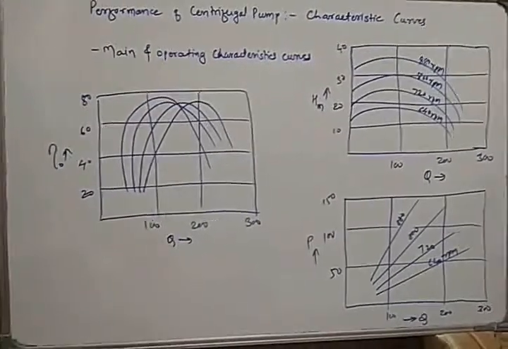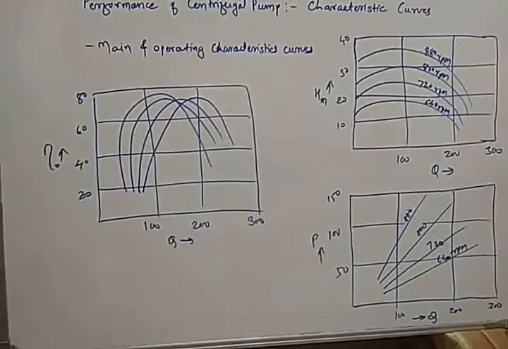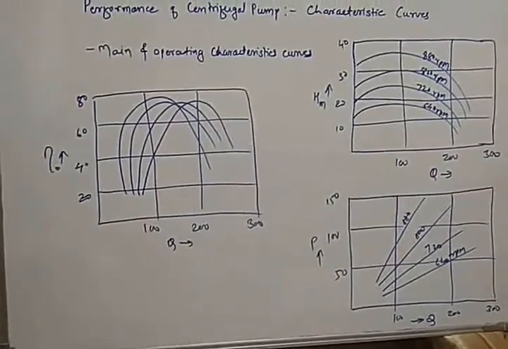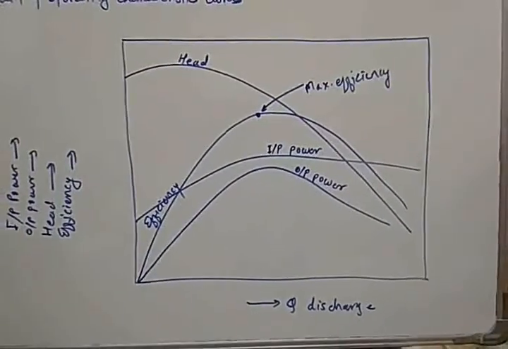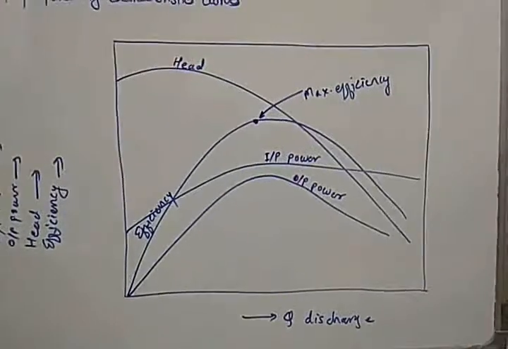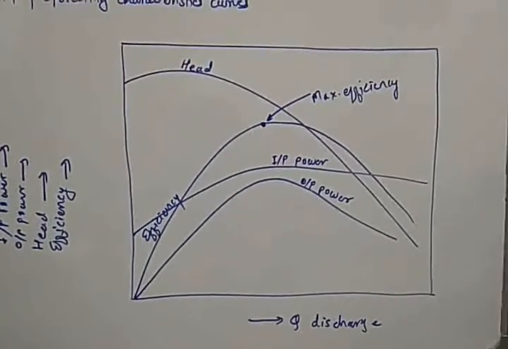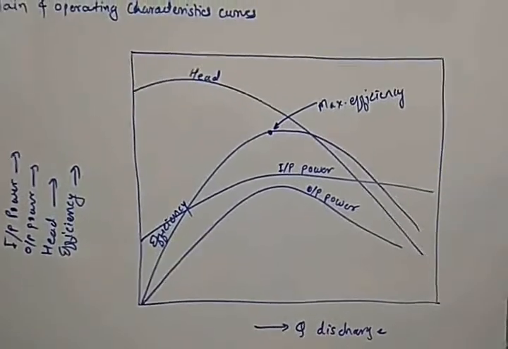Now we'll take a particular set of main characteristic curves and graph. Here in this diagram is shown a particular set of main characteristic curves, which corresponds to the design speed.